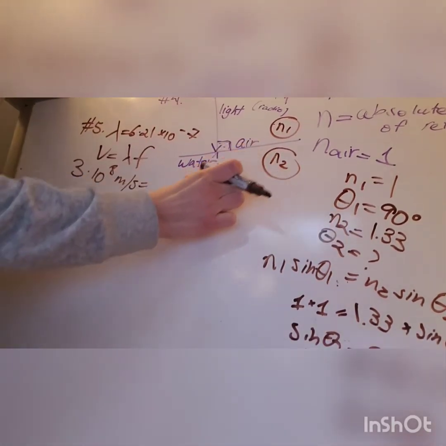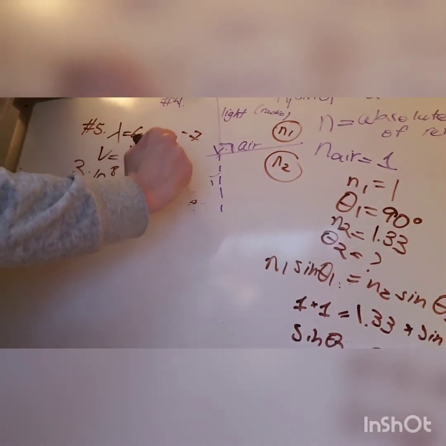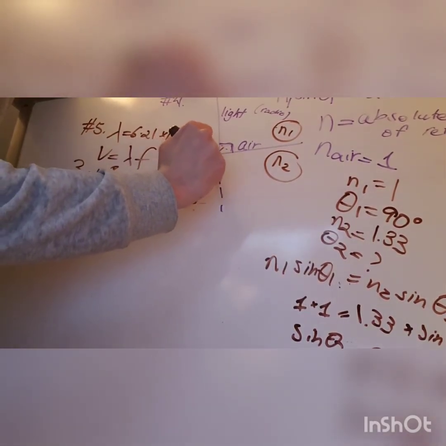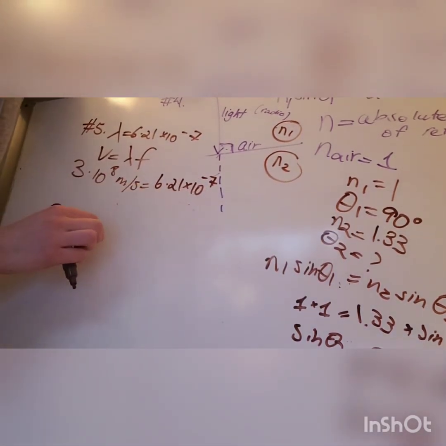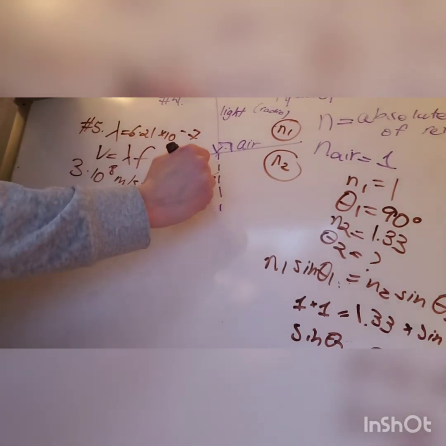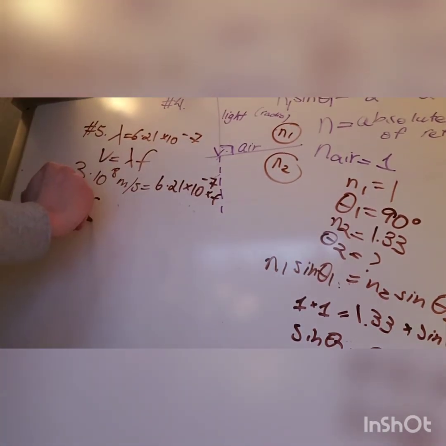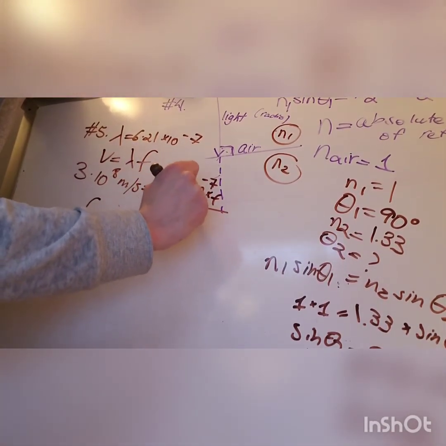3.00 times 10 to the 8th meters per second is equal to 6.21 times 10 to the minus 7th, I'm forgetting the frequency, times frequency. So for frequency, you would divide both sides by 6.21 times 10 to the minus 7th.